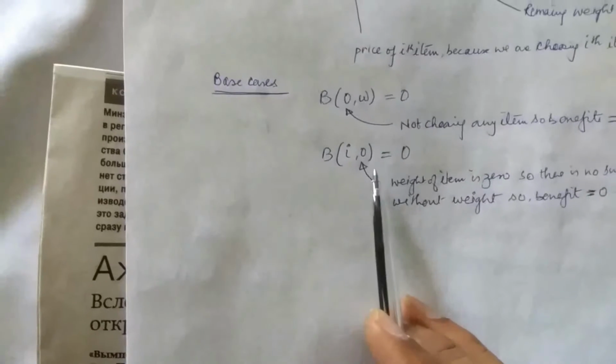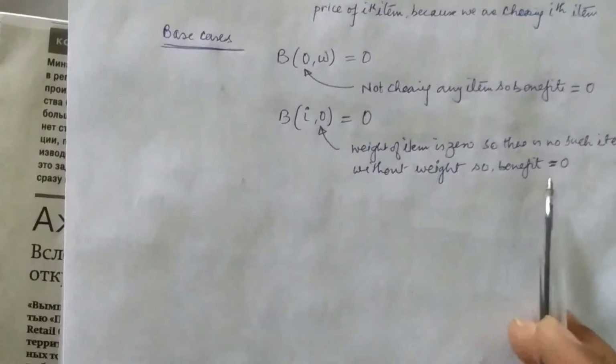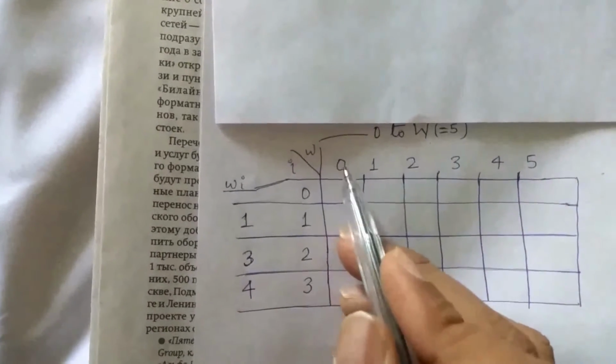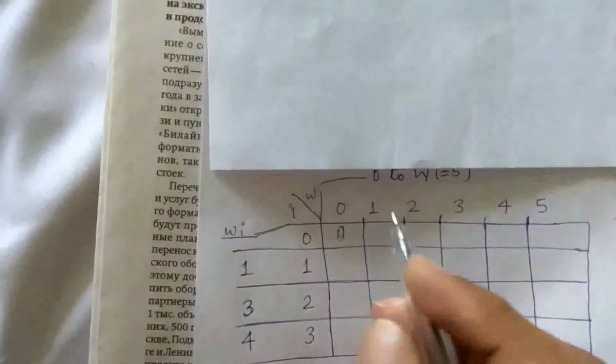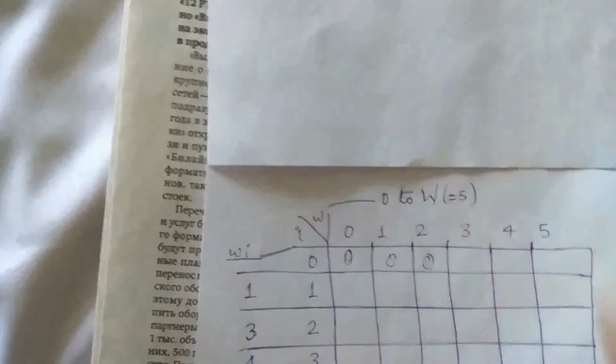So an item without weight is of no meaning. So the benefit will be 0. So for total weight 0, we are picking nothing. So the benefit will be 0, 0, 0.